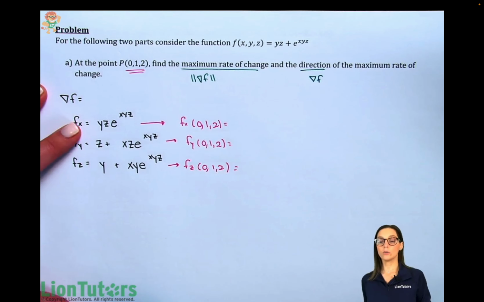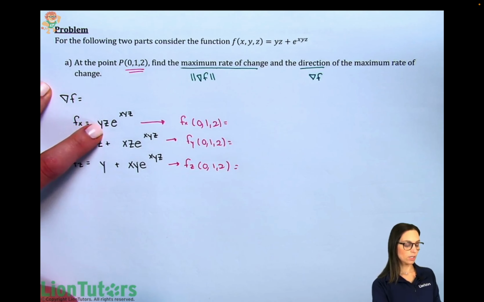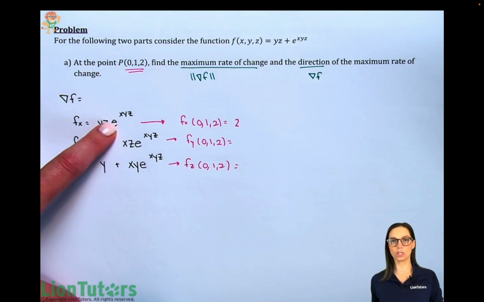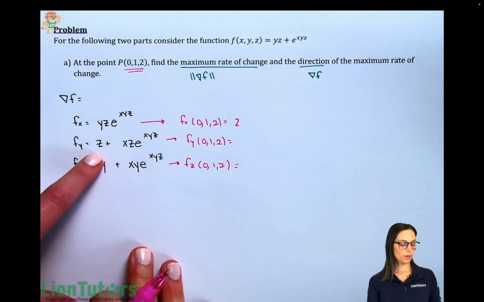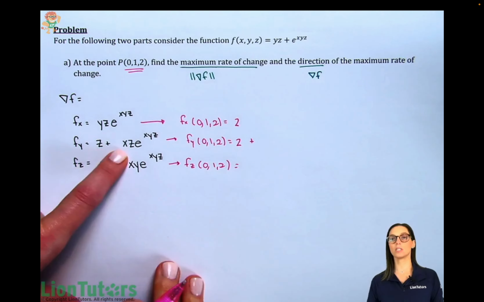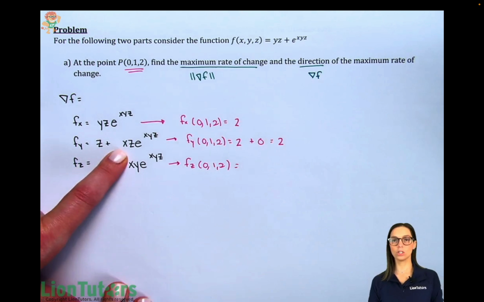All right, so if we plug 0, 1, 2 into this first guy right here, that will give us 2 times e to the 0, which is just 1, so that just gives us 2. Here, if you plug in a 2 for z, that'll give us 2, plus if you plug in a 0 for x, everything else will go away, and that'll just give us 2.